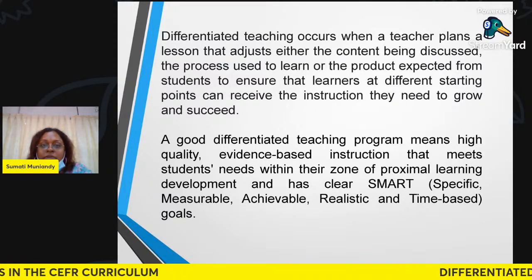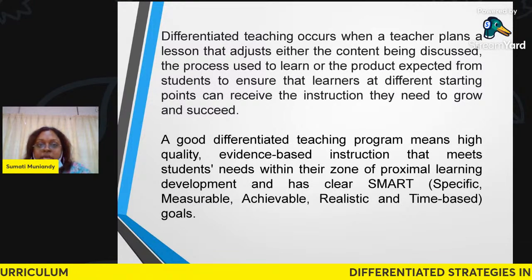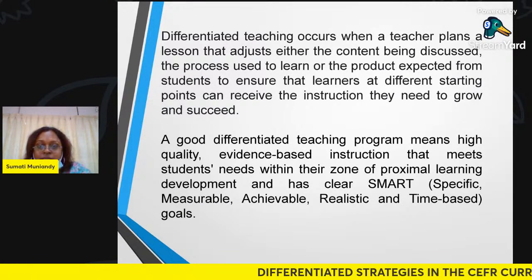A good differentiated teaching program means high quality, evidence based instruction that meets student needs.